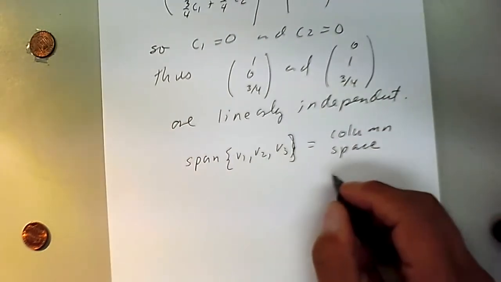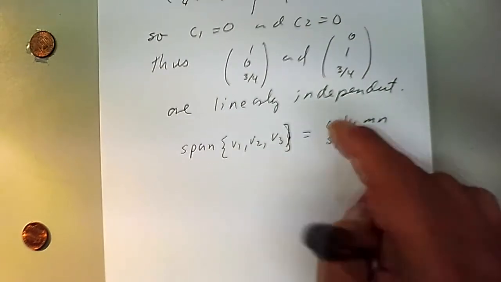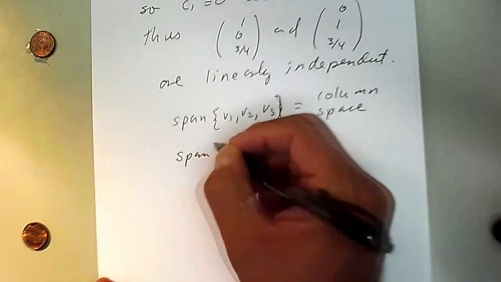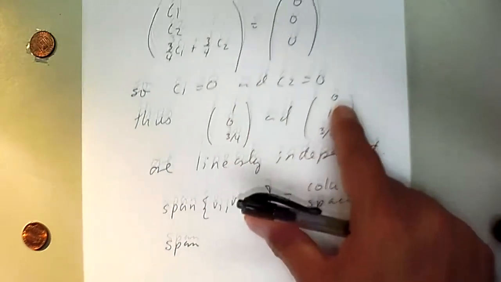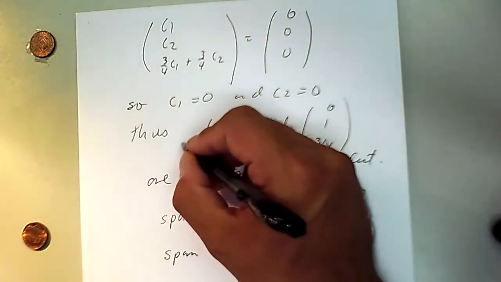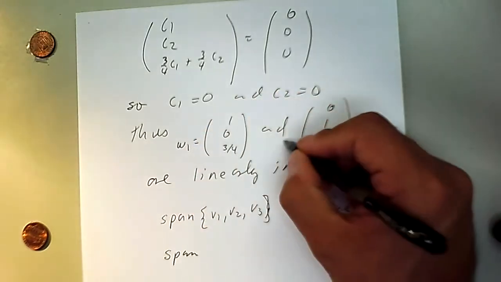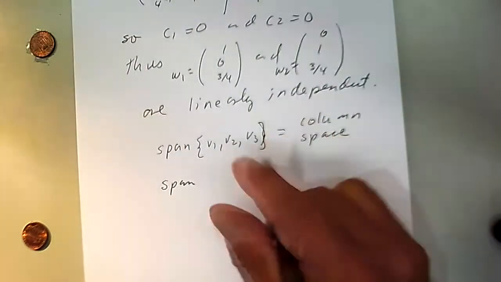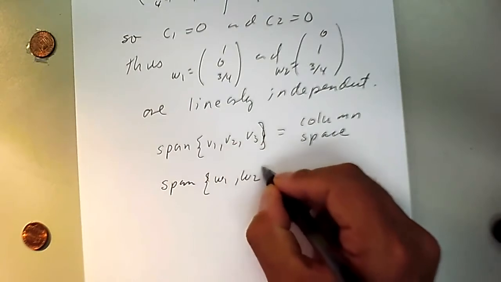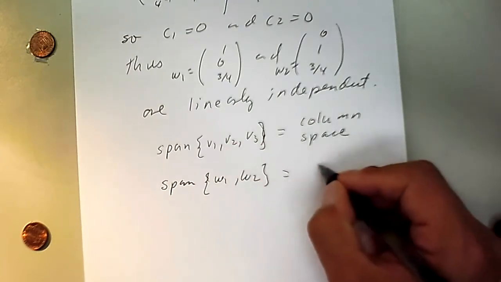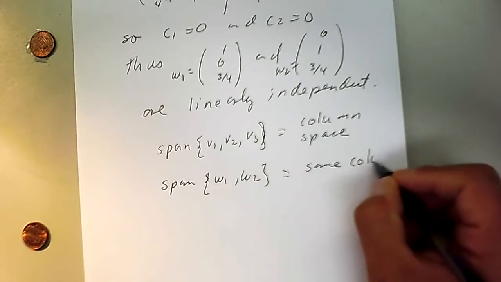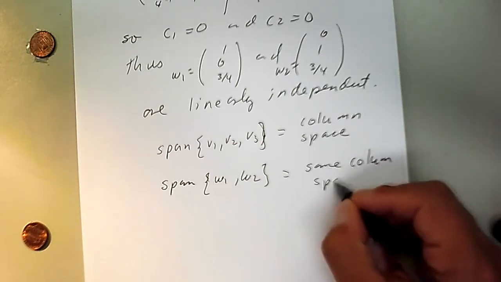Okay, what I claim is that the span of these new vectors, let's call them W1 and W2, so W1 and W2 generate the same column space.